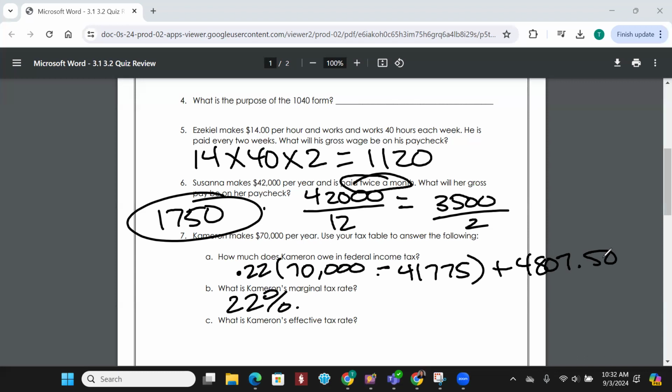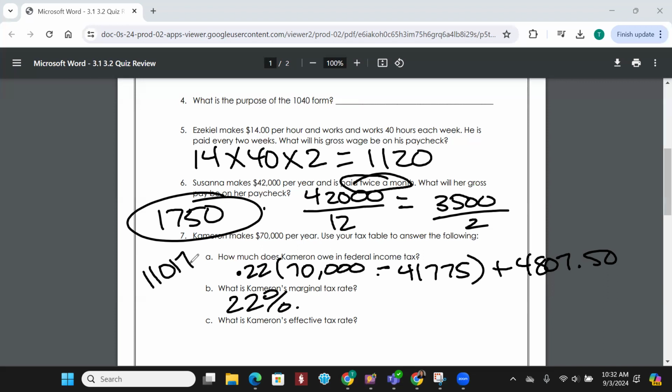So you're going to take all that and plug it in. So they're going to owe 11,017. Is that what you got?